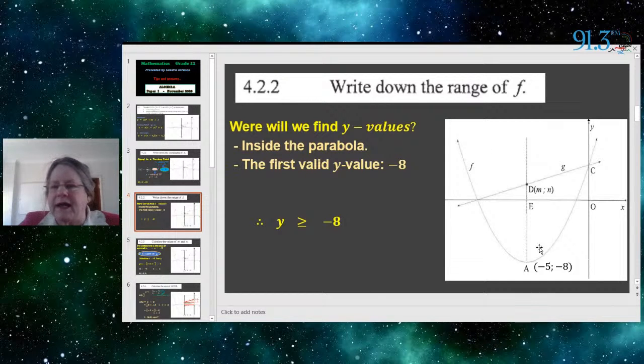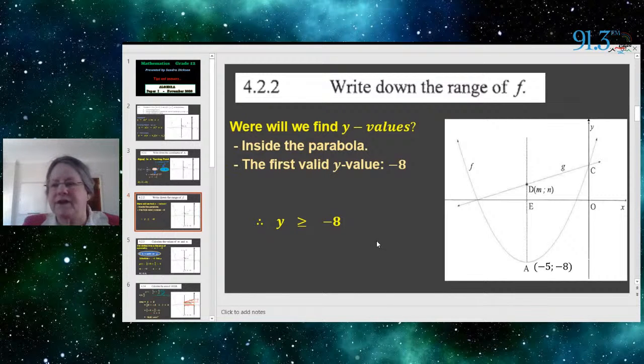So we will get values everywhere up here. So our answer would be y is greater than or equal to -8. The equal is there because we include -8 because it actually starts over there. So that is the range of f.